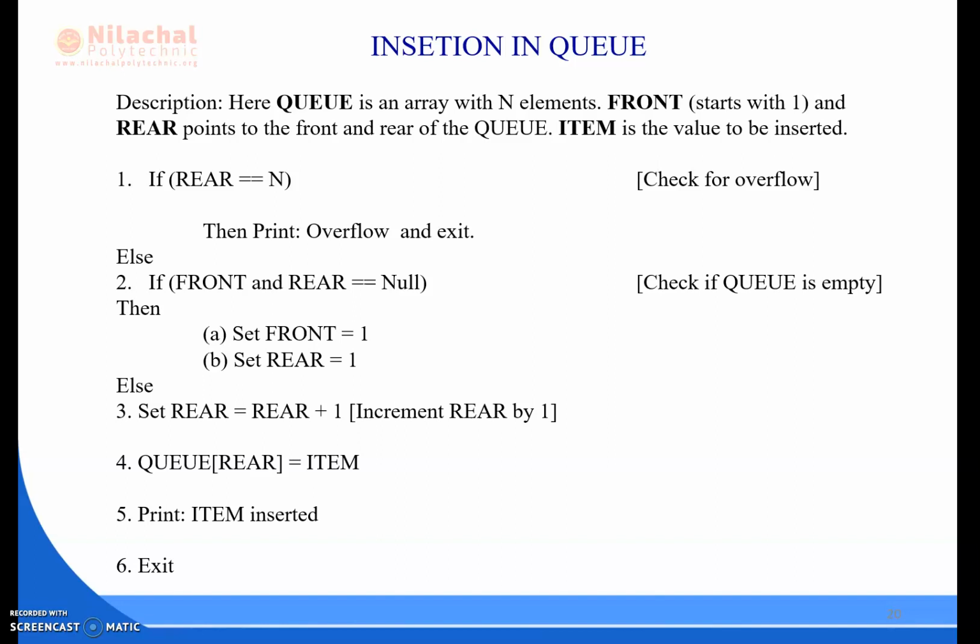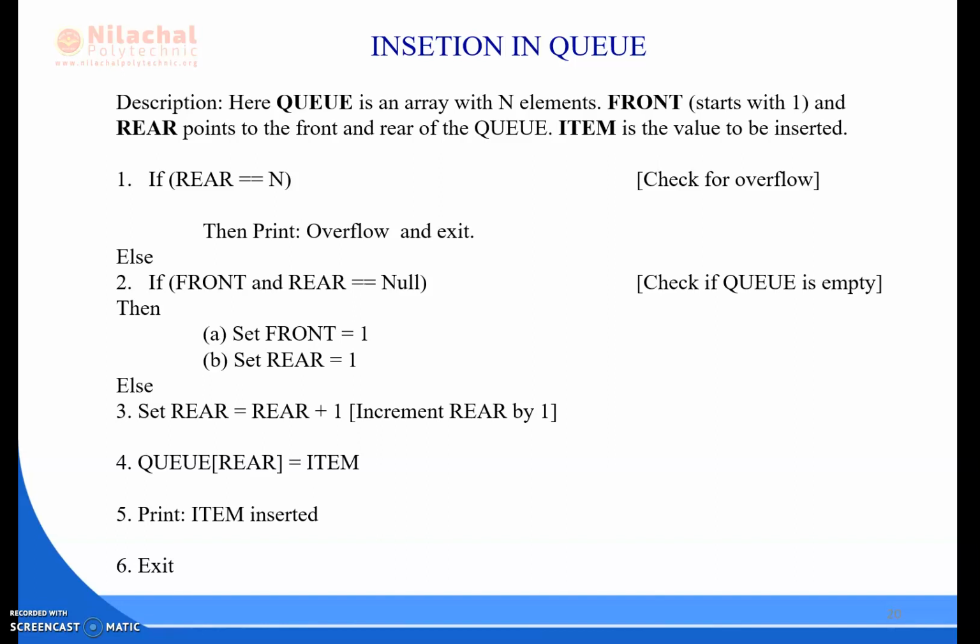Okay, so when the rear is equal to n, that means we have reached the last position and there is no more space in the queue to insert a new element. Then as usual we will be printing overflow and we are going to exit, or we will come out of the algorithm.